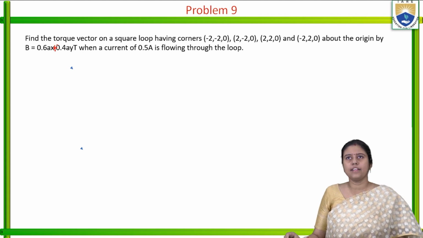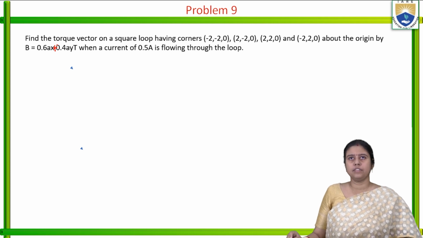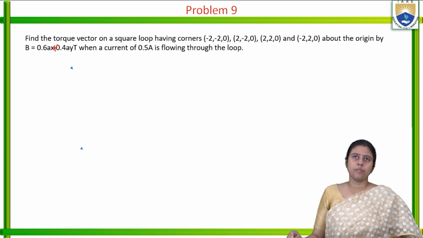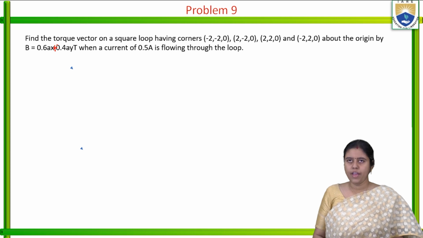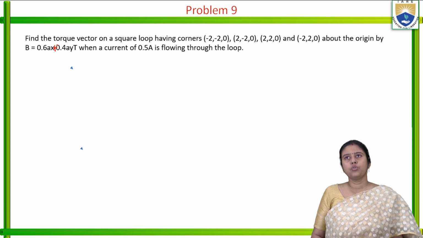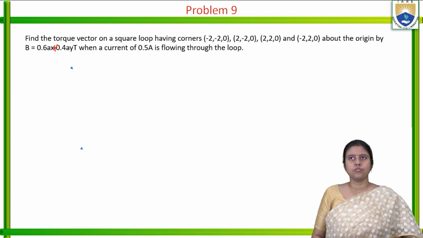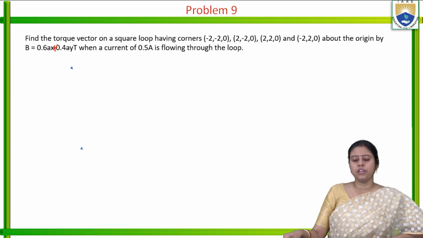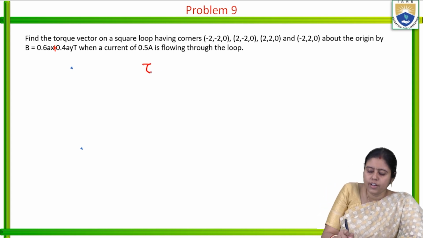Now this is another important problem of this chapter. Find the torque vector on a square loop having corners at minus 2 2 0, 2 2 0, 2 2 0, minus 2 0. So there are 4 points. We have to calculate, again using the torque formula. First is the force. What is force?